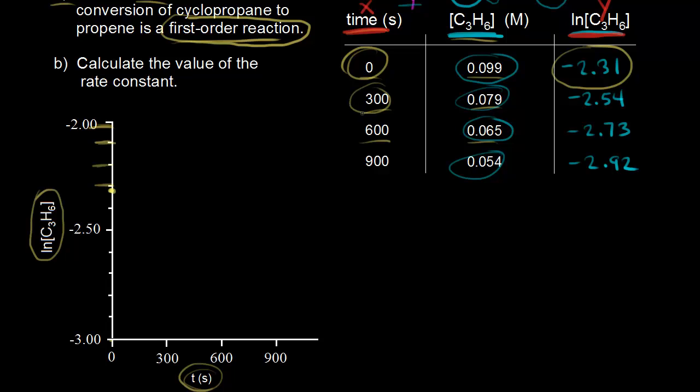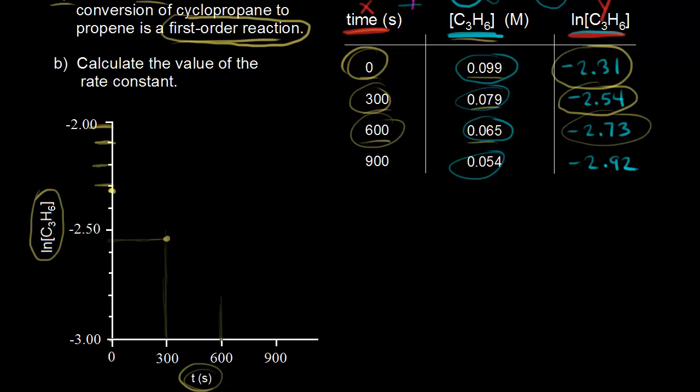Next point: when time is equal to 300 seconds, y is equal to negative 2.54. So 300 seconds would be here, and negative 2.54 is pretty close to here. We'll say that's approximately that point. Next, time is equal to 600 seconds, negative 2.73.